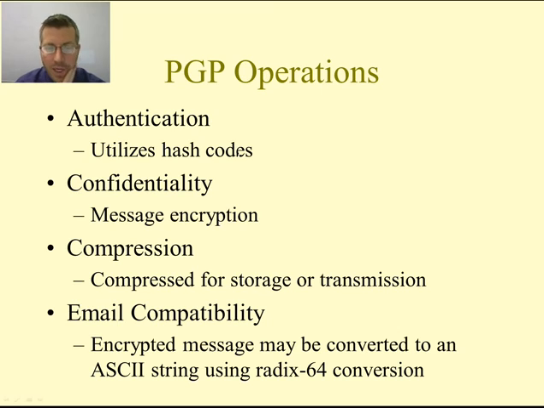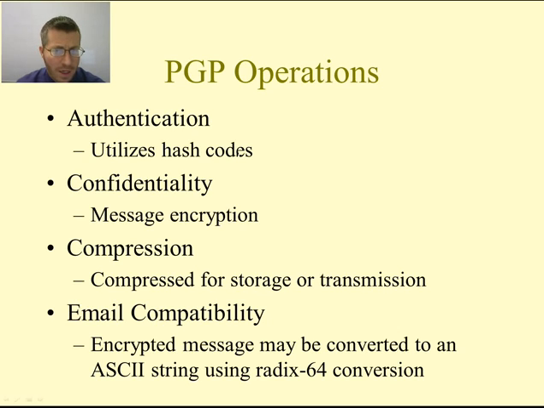For confidentiality, we use encryption. For compression, we all are hopefully familiar with some of the compression algorithms like zip or RAR, gzip, tar, and then email compatibility. Encrypted messages can be converted to ASCII strings because that is what email uses, ASCII strings.